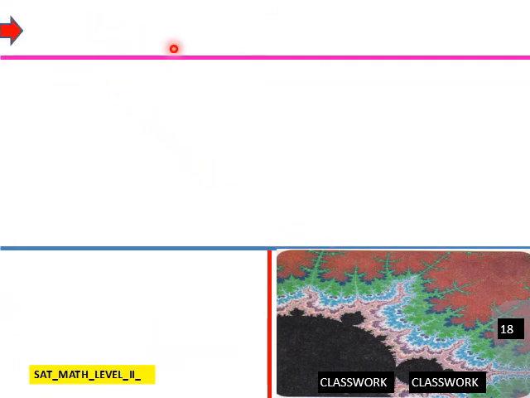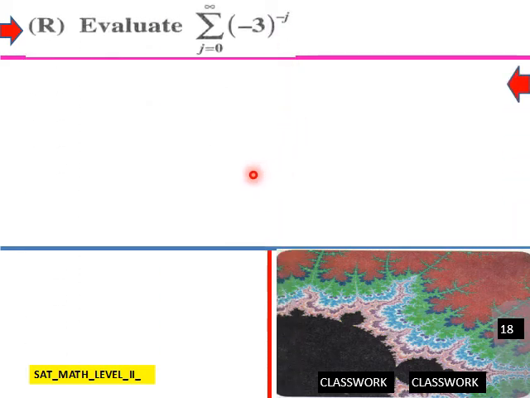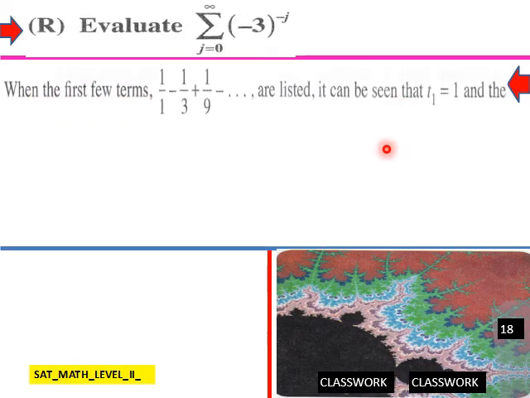Then we evaluate a summation where the upper limit is infinity, j equals 0, and the factor we're summing is negative 1/3 to the j power. When the first few terms, 1, negative 1 over 3, and positive 1 over 9, and so on, are listed, it can be seen that term 1 equals 1, and the common ratio is negative 1 over 3.